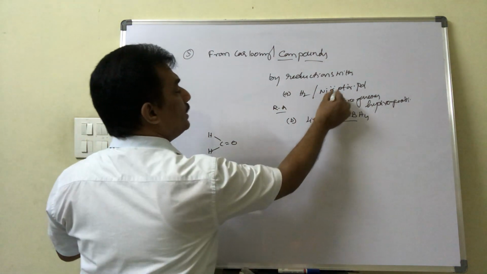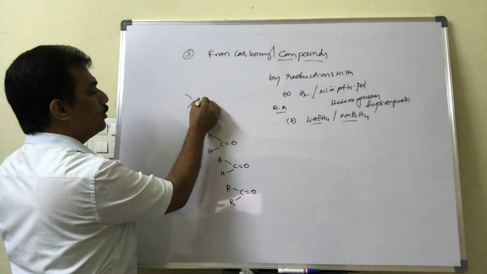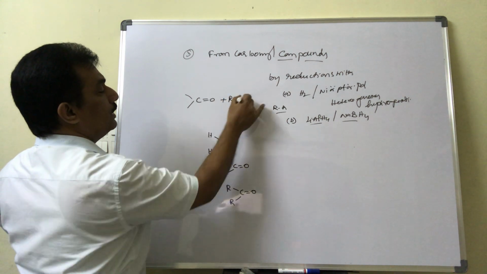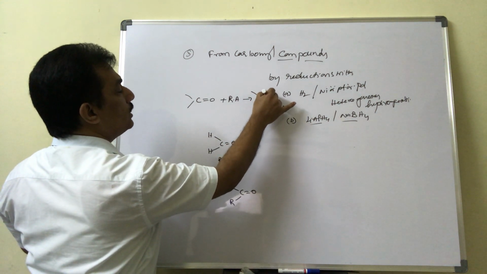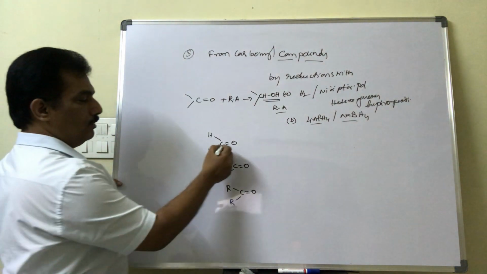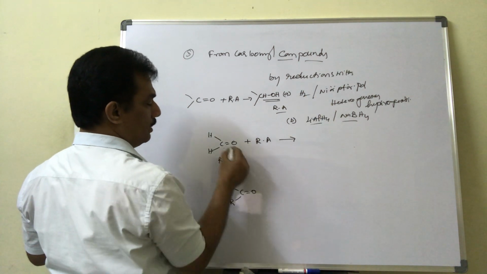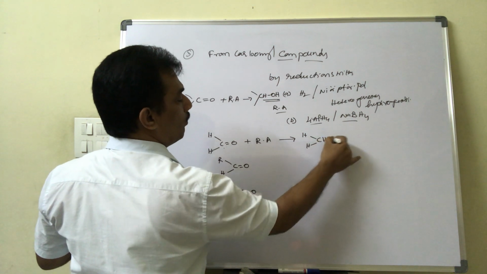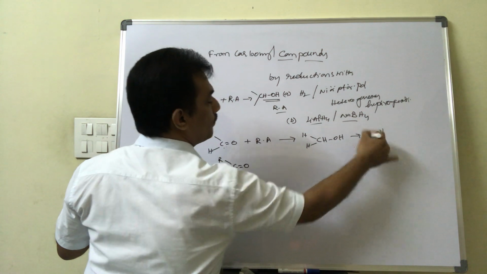And altogether, when these reducing agents are used, this carbonyl group is converted to CHOH like this. Here also, when it reacts with the reducing agent, we get HCHHOH. That means CH3OH is formed.